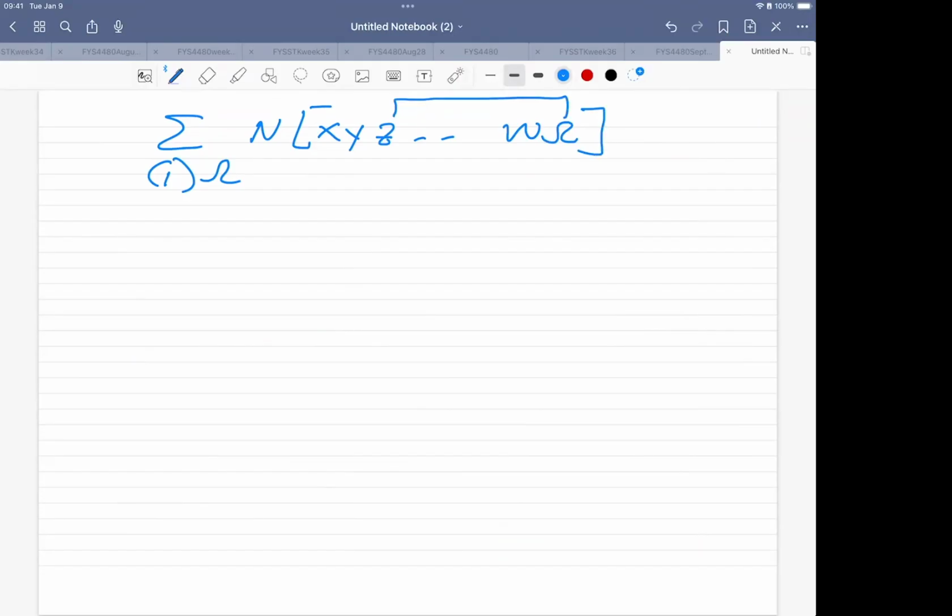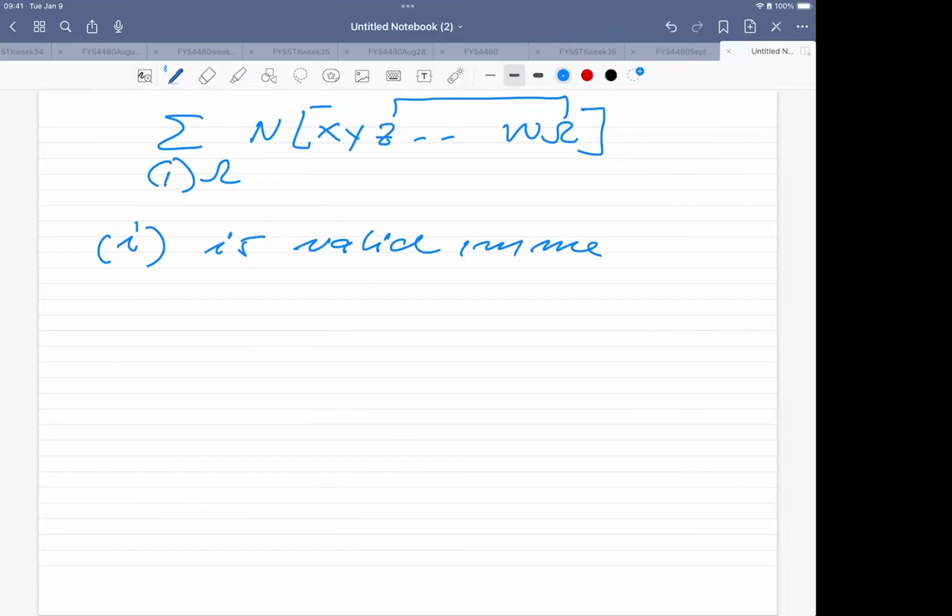Now, think now of the following. The product is already normal ordered. So this lemma is valid immediately if omega is an annihilation operator.